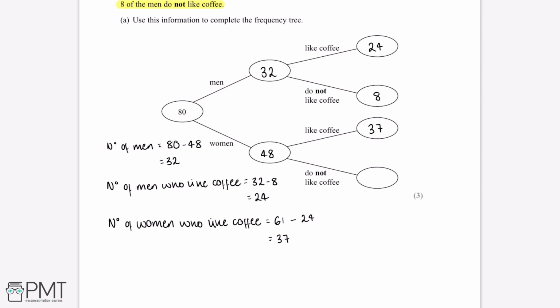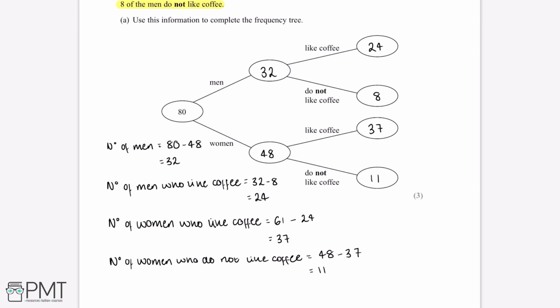So now the final row we need to complete for this frequency tree is the number of women who do not like coffee. So if there are 48 women in total, and 37 of these like coffee, then this means the number of women who do not like coffee is 48 minus 37. Which gives us 11. So we can fill this into the women who do not like coffee.